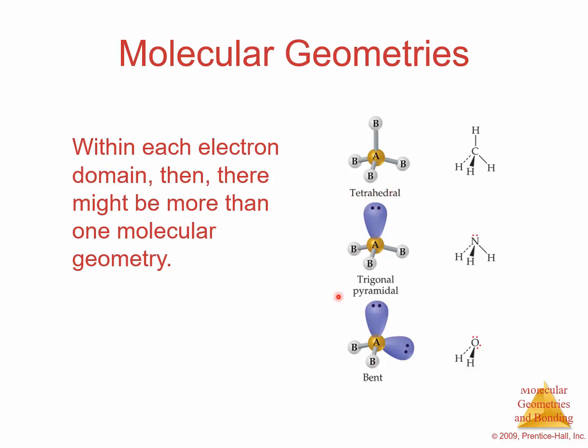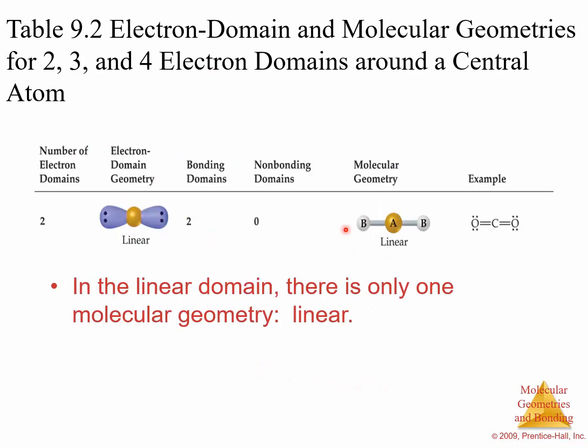This is tetrahedral, this is trigonal pyramidal, and this is bent. Now, this table shows us electron domain and molecular geometries for 2, 3, and 4 electron domains around a central atom. Again, these geometries are important because they include all the shapes usually seen in molecules or ions that obey the octet rule.